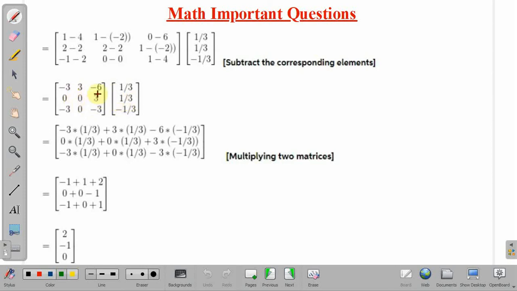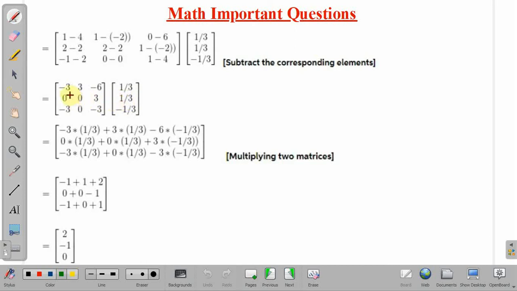We can see our first matrix is a 3 into 3 matrix and the second matrix is a 3 into 1 matrix. So these two can be multiplied and the resulting matrix will have 3 rows and 1 column.